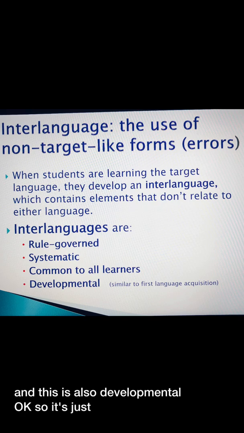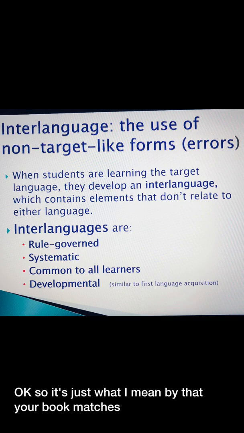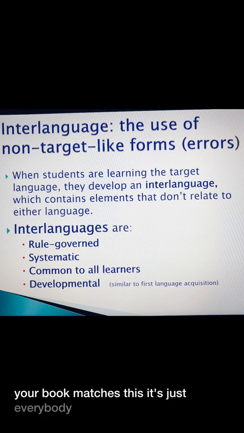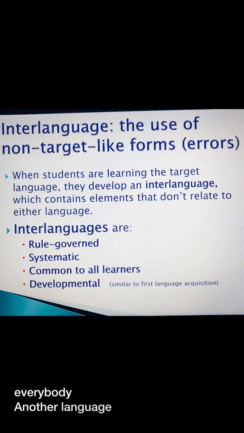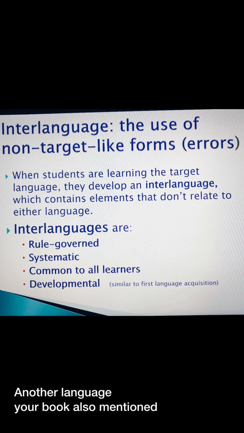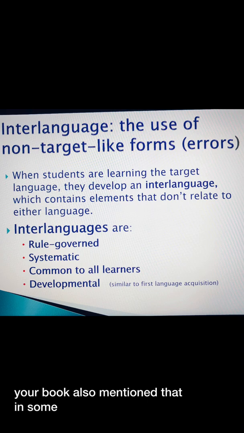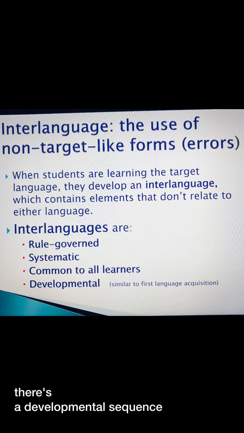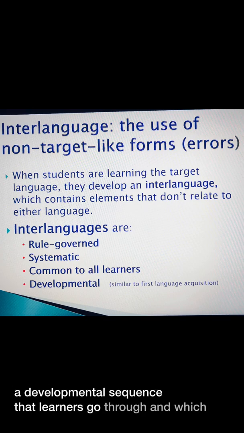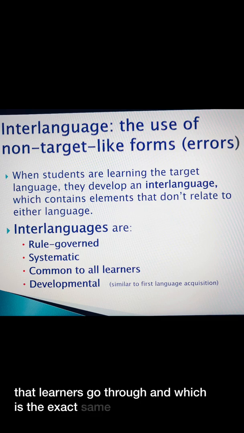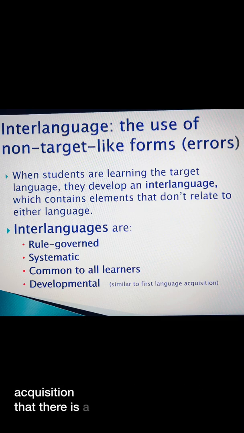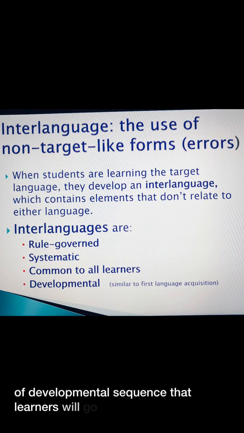What I mean by that, and your book mentions this, is that everybody goes through this as they're learning another language. Your book also mentioned that in some forms, there's a developmental sequence that learners go through, which is the exact same as first language acquisition. There is a sequence to some forms that learners will go through.